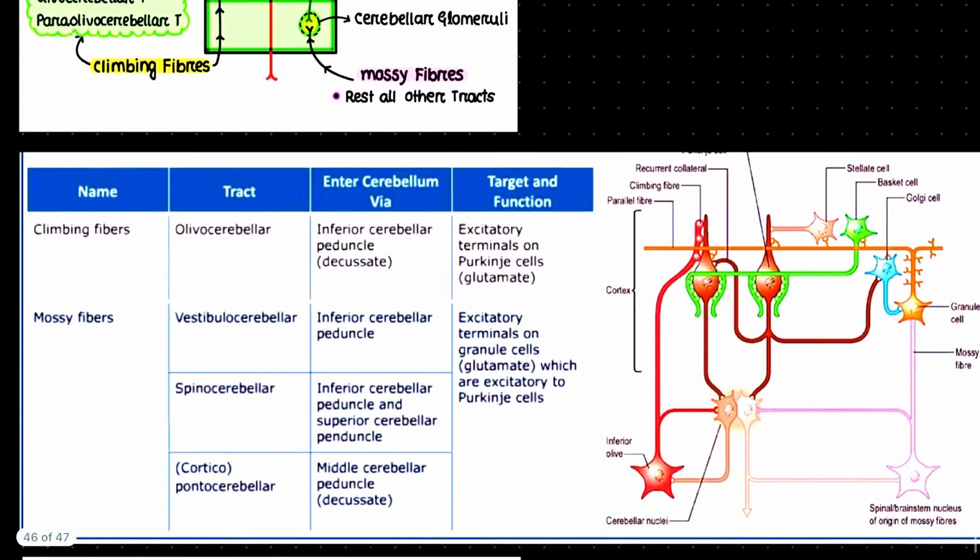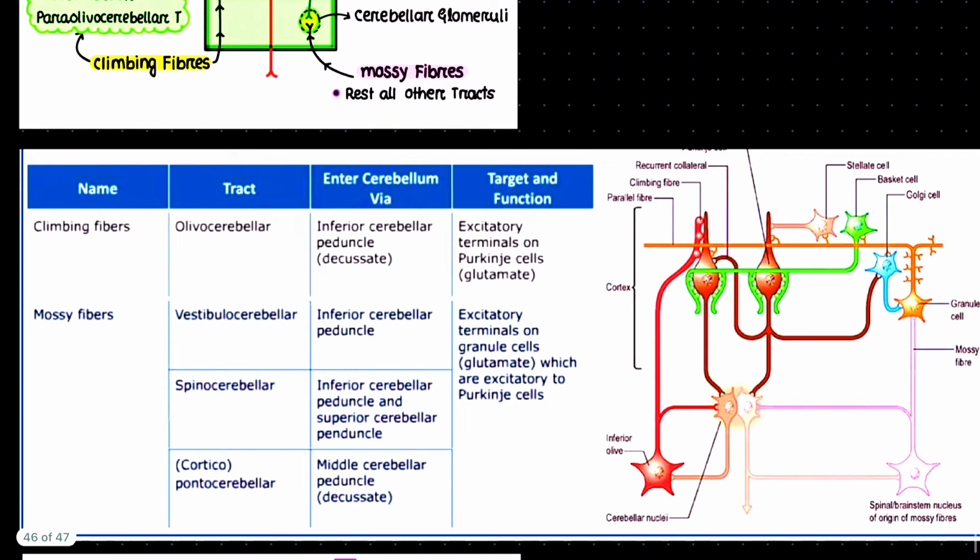Now moving in detail about these fibers. I have already said climbing fibers are few in number. They reach the Purkinje cell. And what is the origin of these climbing fibers? Their origin is the olivocerebellar tract, or let's say the olive in the medulla oblongata.